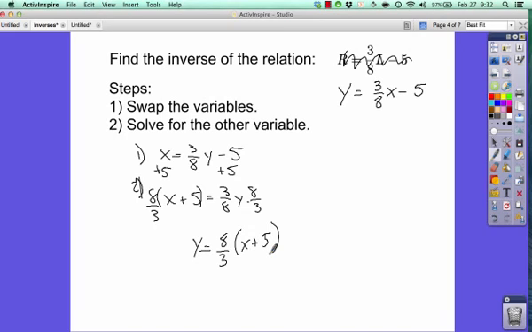Now you can check a number, right? If I put a 2 in here, just to choose a number, I get 6/8. What do I get? 6/4 minus 5, negative 14/4, which is kind of silly to say.